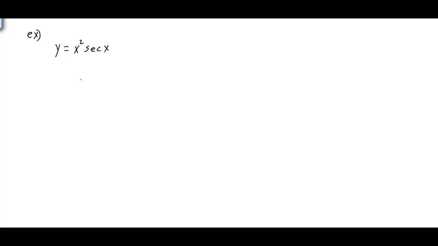So once again, here's an example, y equals x squared secant x. If you want to, pause the video and work this out on your own, and then you could play the video to see if you got it correct. For y equals x squared secant x, the first thing you need to realize is that this is actually the product rule, because we're multiplying x squared and secant x.